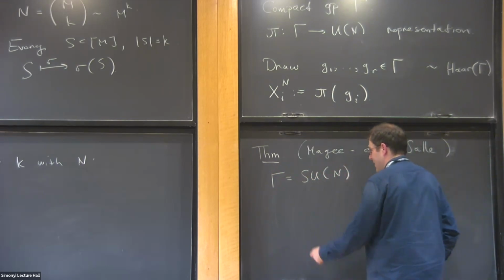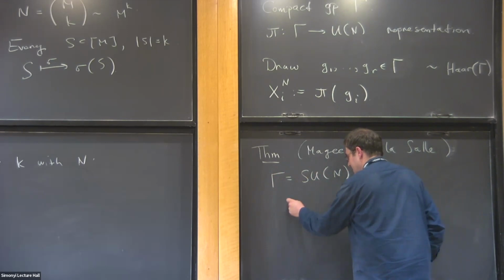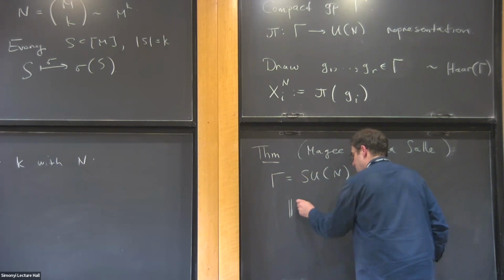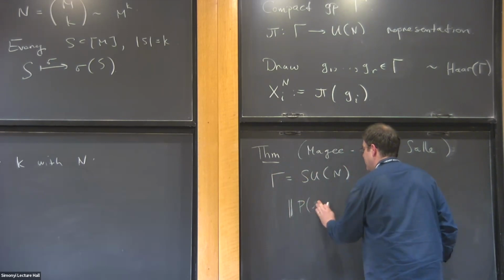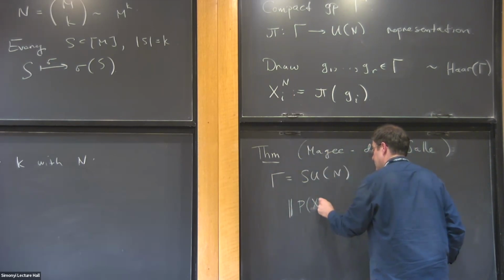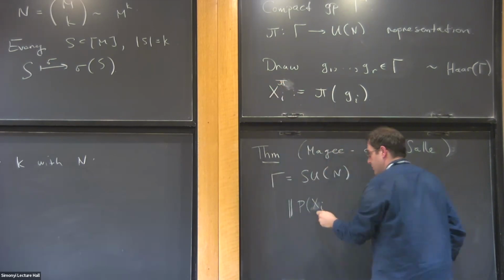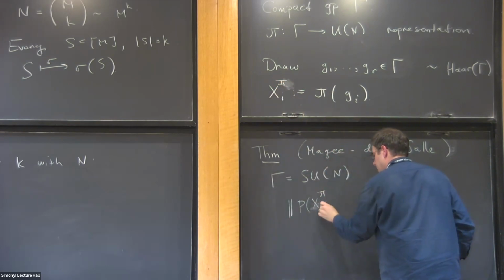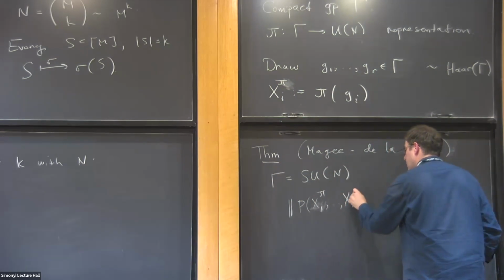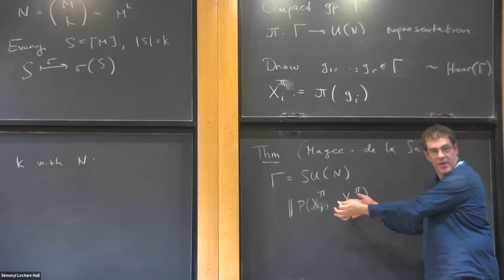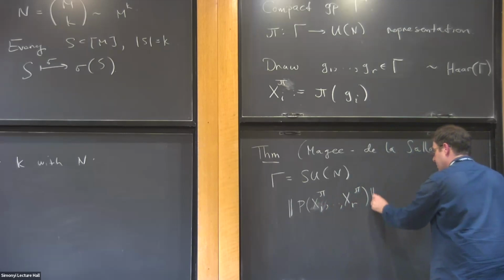And what they showed is that if I take a polynomial of these random matrices defined like this, and the question is, what is the representation? So maybe I should index these by the representation. Let me drop the adjoint, but I mean and the adjoint.